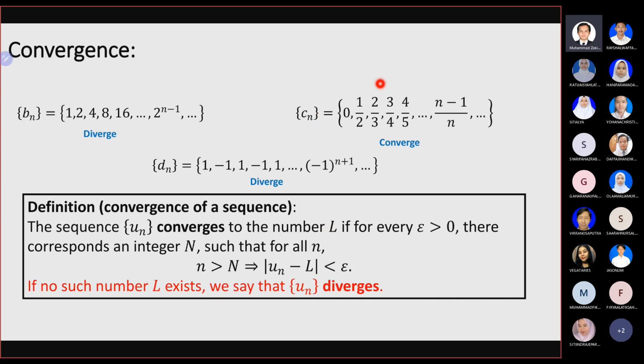We can see here that for C_n, at some point when n goes to infinity, the number will go towards 1, but for the rest they are not going to any number. So we only say here that C_n converges. Any question for this one?